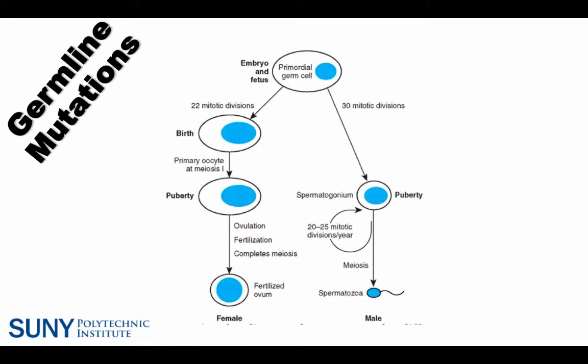A germline mutation can occur anywhere along this complex series of divisions. If a gamete impacted by a germline mutation is incorporated into a zygote, it will be distributed throughout all the somatic cells that result from that zygote. As a result, a germline mutation can permanently change the genome of every cell in a person's body.